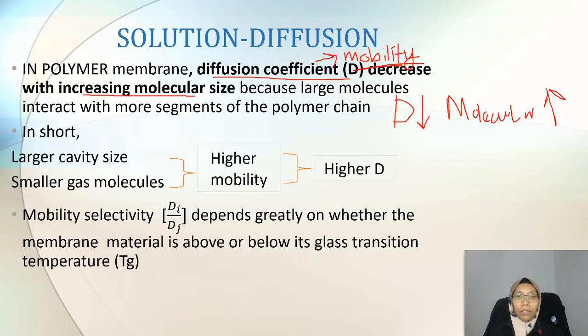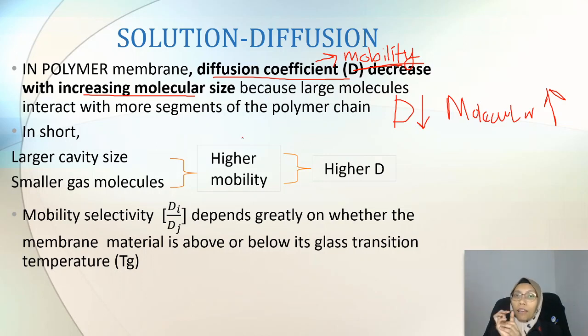Because when you have a larger molecular size, the molecules interact more with the polymer chains. It is something like a collision between your big molecules and your polymer membrane.